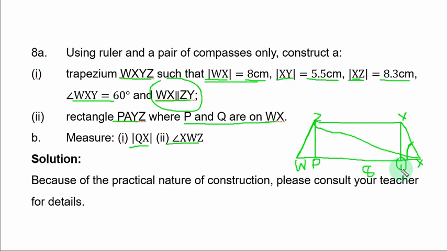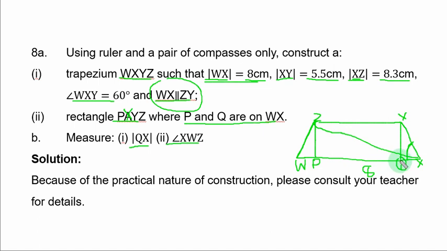After doing that, you have PQYZ. You have PQ rather, not PA. So here should be PQ, YZ is a rectangle. So you have P, you have Q, then Y and Z is a rectangle. At the end, you measure QS. This is Q now.